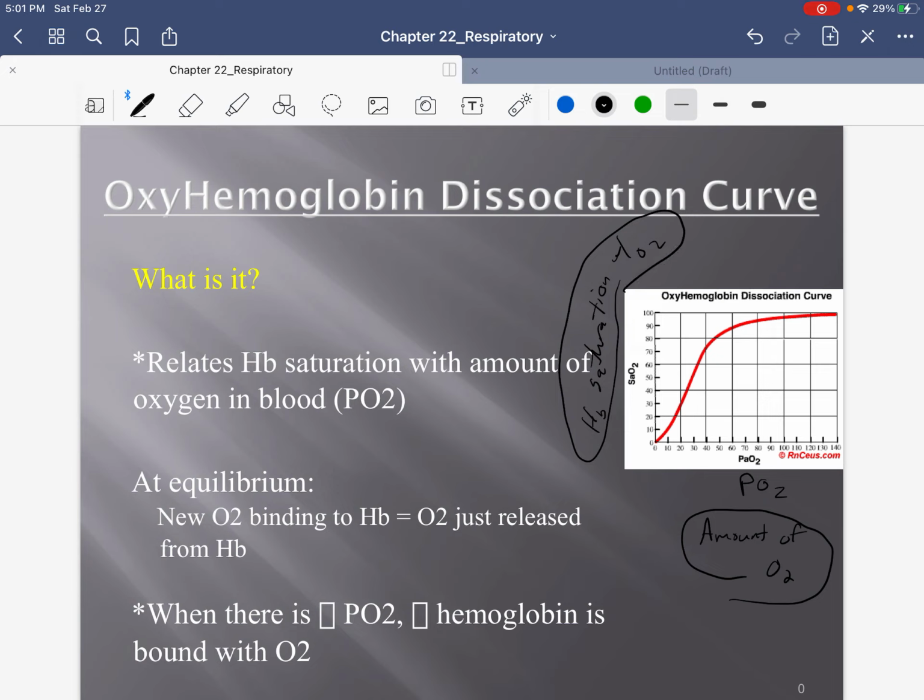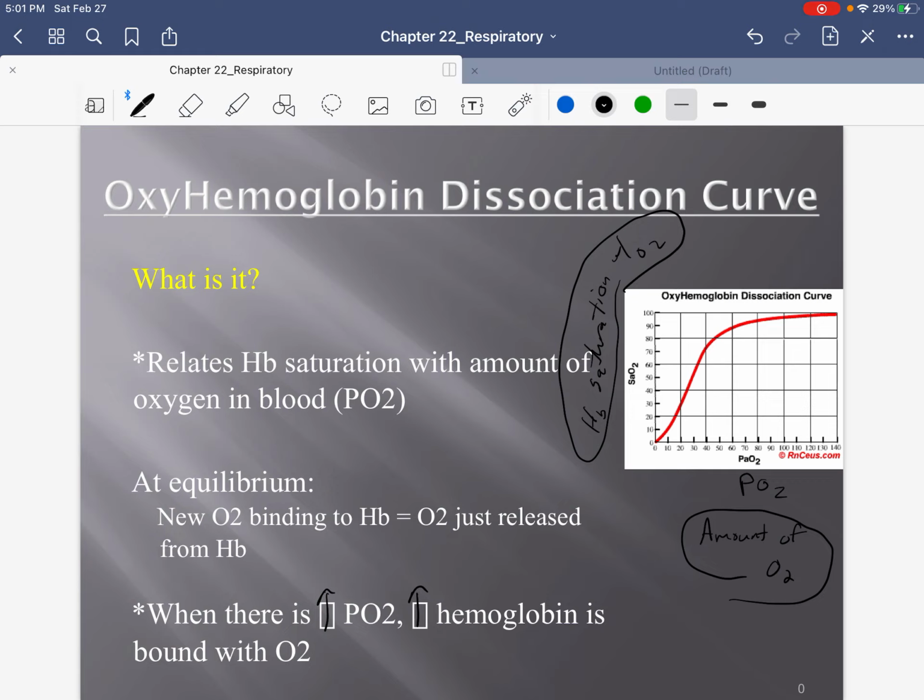So we're comparing the amount of oxygen that's present with how much of that oxygen is able to bind to hemoglobin. This is a direct relationship. The more oxygen we have available, then we can more fully bind hemoglobin with oxygen. I mean, I think that's really simple. We know that the more oxygen that there is in the blood, the better able we are going to be to fully saturate hemoglobin.